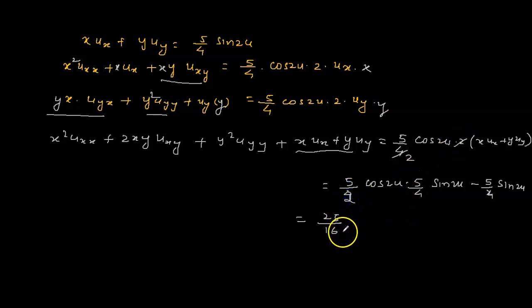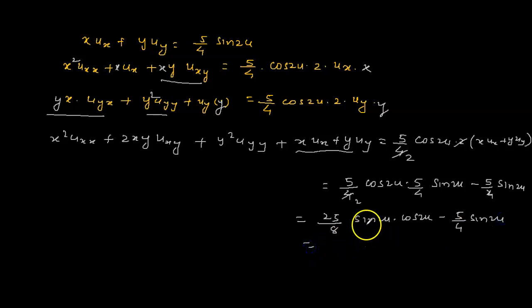So 25 by 8 is sine of 2u into cos of 2u minus 5 by 4 sine of 2u.